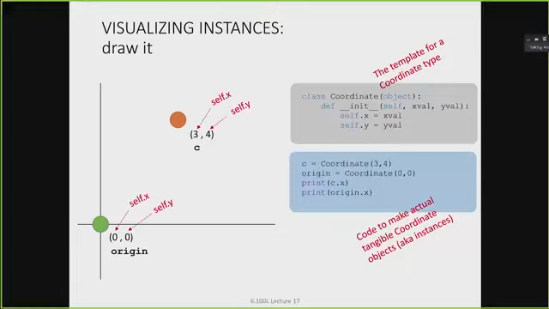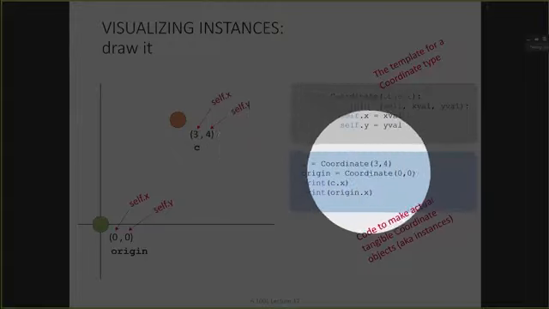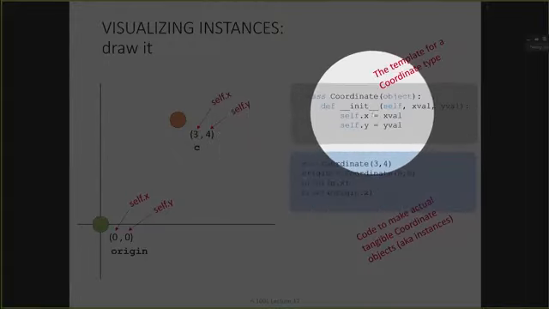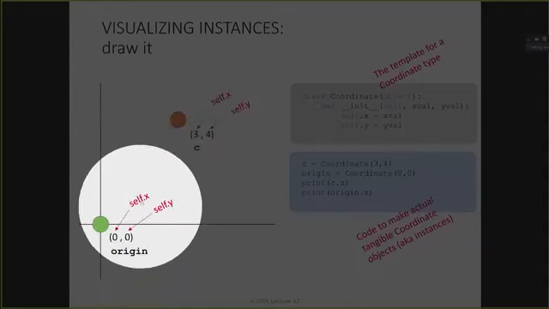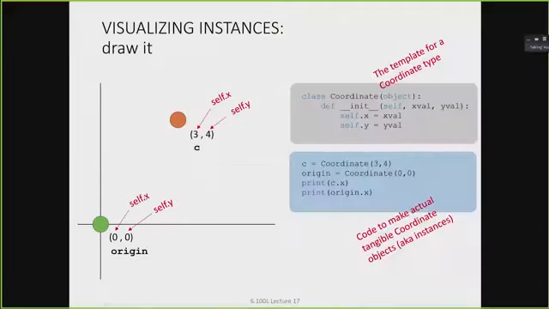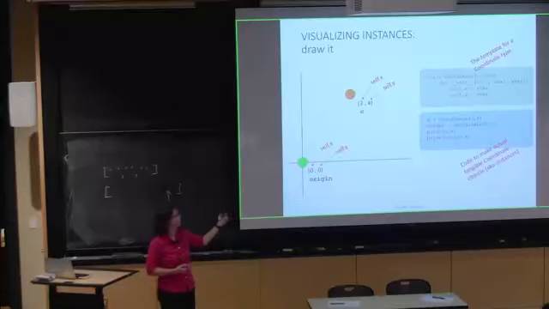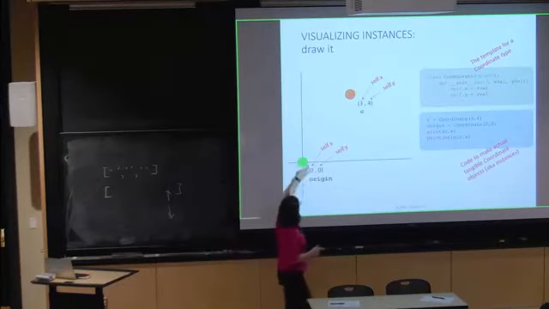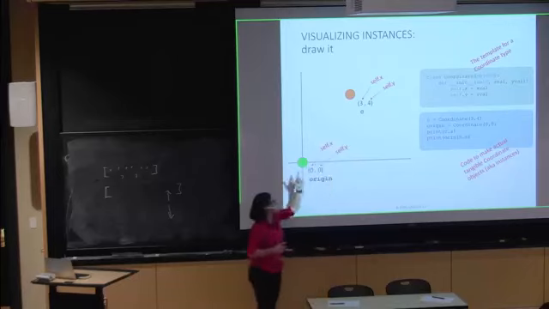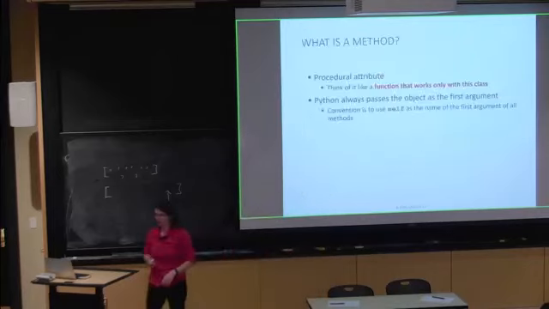So because I've created these objects using the same blueprint, the coordinate blueprint that I've defined up in the gray, that means every object that I've created, C and origin, has a self.x and self.y value, right? It just so happens that the actual values for x and y are different between these two objects, right? Okay. So when I grab origin.x, I'm looking up origin, and I'm grabbing its x value, 0, right? So just another way to visualize it.